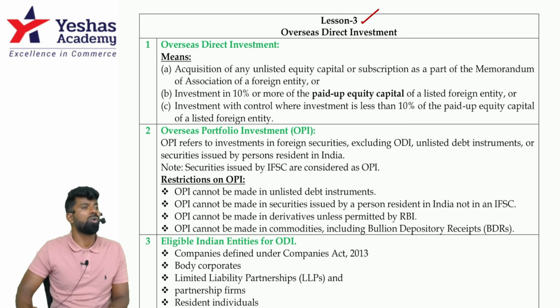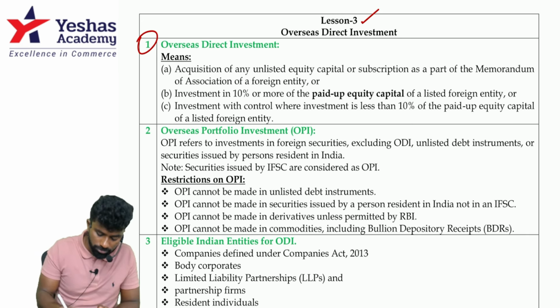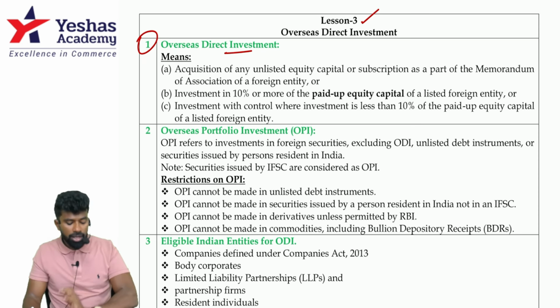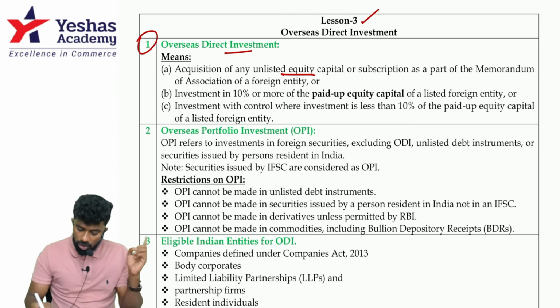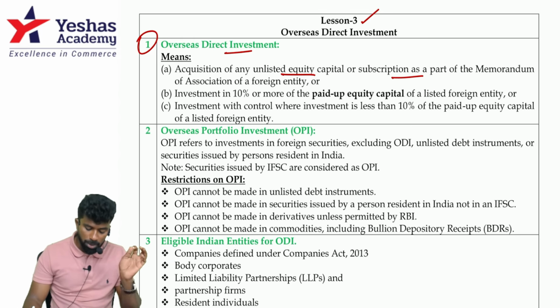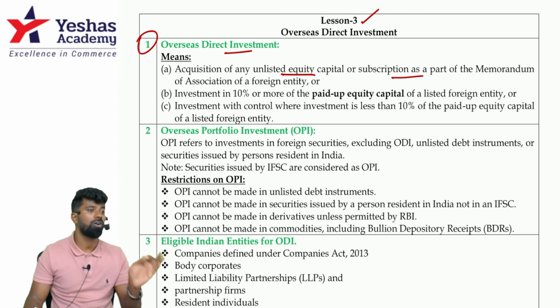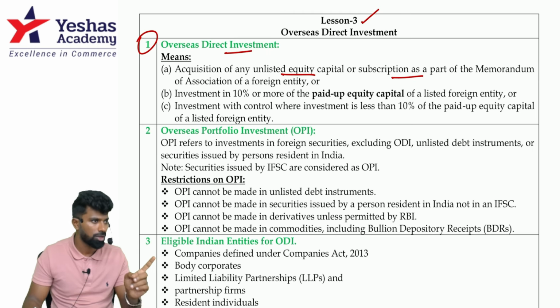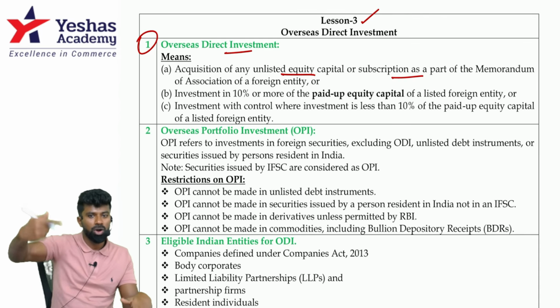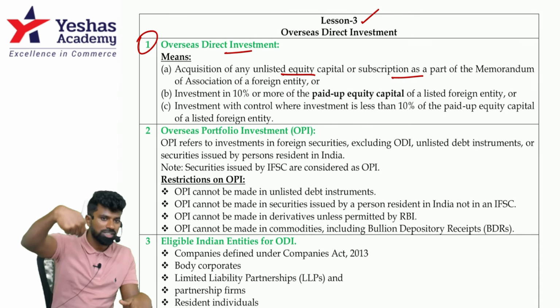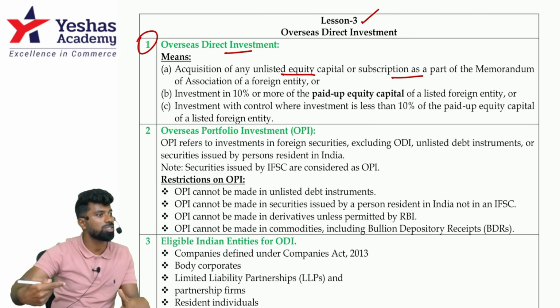First of all, what is ODI? Any acquisition of an unlisted equity capital, or subscription as a part of memorandum of association of a foreign entity. It is called as ODI, same like FDI. When foreign investors invest in the capital of an Indian company, it is called FDI.